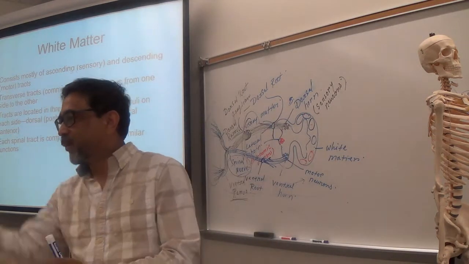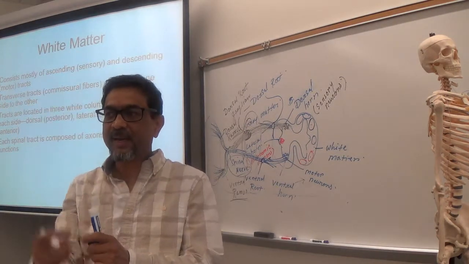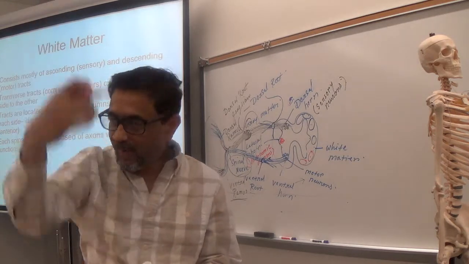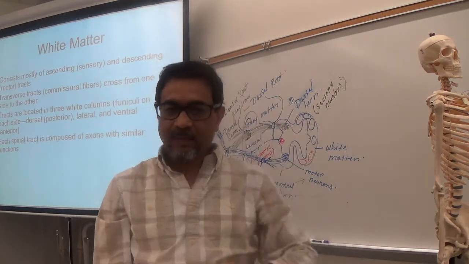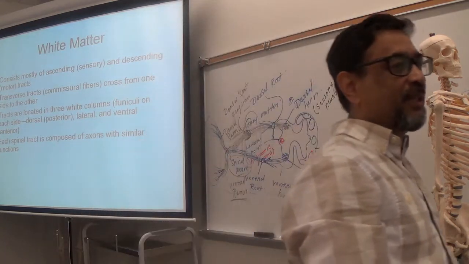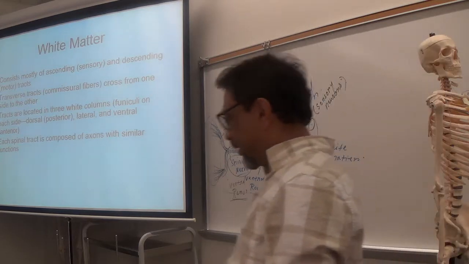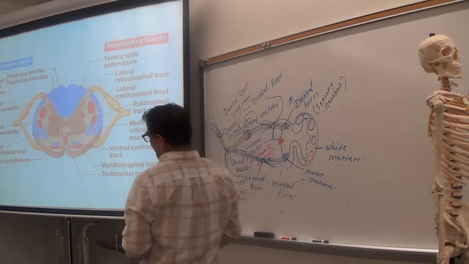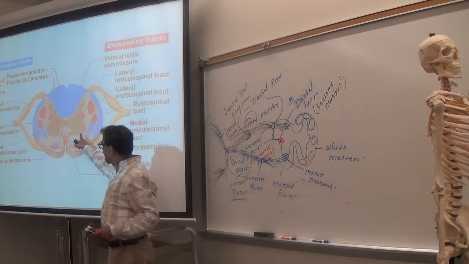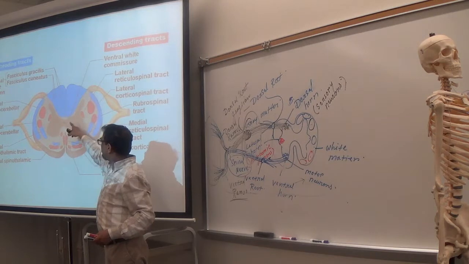Some tracts are going like this, taking the signal to the brain. Those are ascending, right? And some tracts are going like this, downwards, taking the signal downwards. So descending. So sensory and motor. Both types of tracts are present. Here, you see, this is the gray matter part, inner, like a butterfly.